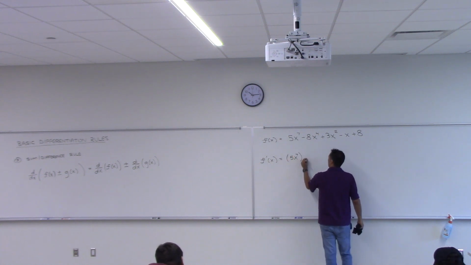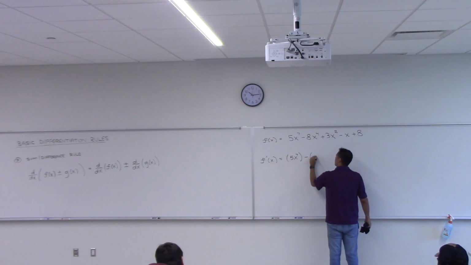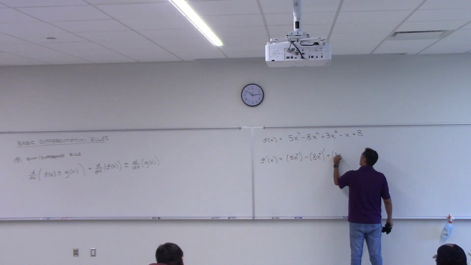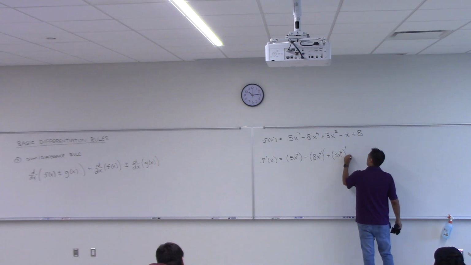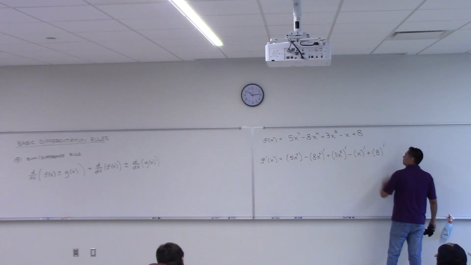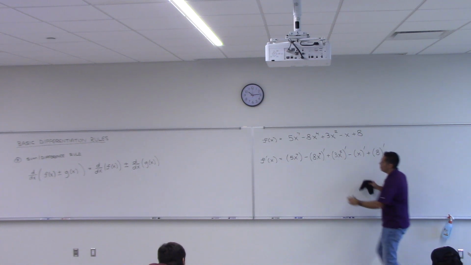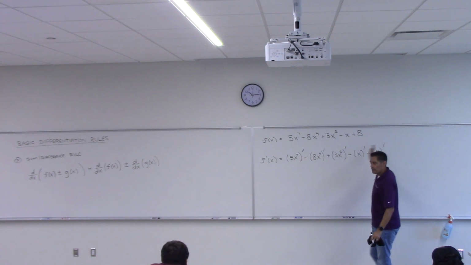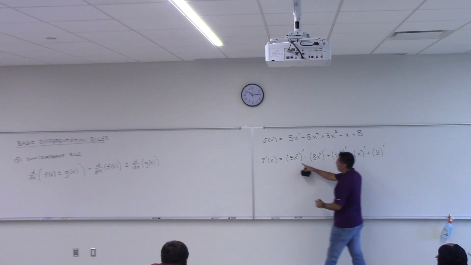Let me see. How do I want to write this? Minus the derivative of this guy plus the derivative of this guy minus the derivative of this guy plus the derivative of this guy. Oh, I forgot the prime on this one. That's essentially what that rule says, right? I can do them one by one. All right, so what's the derivative of this one?